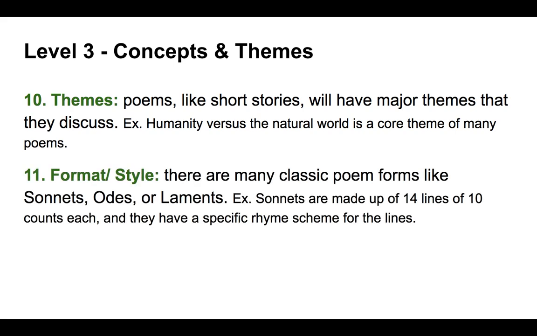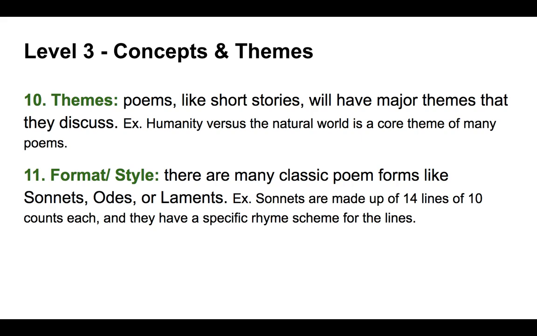And finally, we can talk about the format or style of the poem because there are some classic poem forms, things like sonnets, odes, laments. There's a whole list of them. Those are three of the most common ones. And so in the example here, sonnets are made up of 14 lines. Each of the lines has 10 syllabic counts in it, and they have a specific rhyme scheme that they have to follow as well.